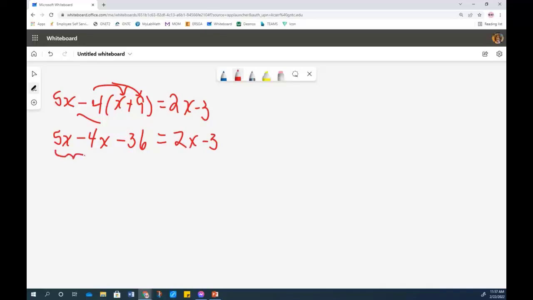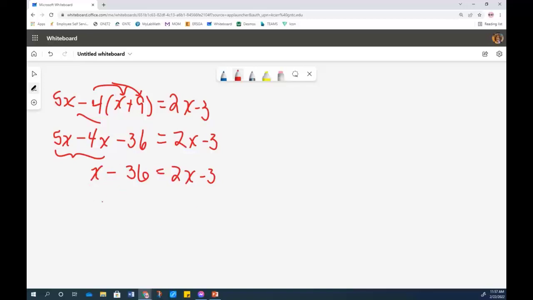Now, combine your like terms. So 5x minus 4x is 1x, so I don't really have to write the 1. So x minus 36 equals 2x minus 3. Now you're at the point that the instructions, when it had the steps down, said collect the variable. So that means we want to get the variable on one side of that equals.